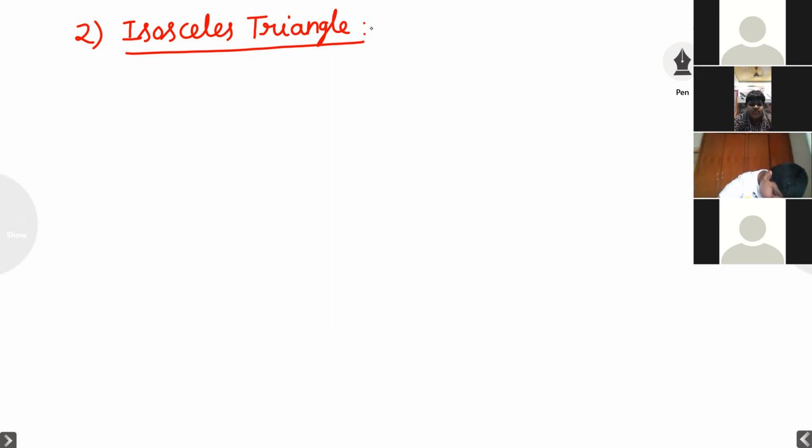A triangle with two sides equal is said to be isosceles.